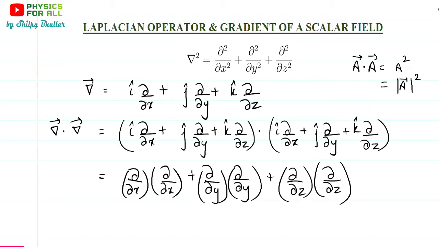Here also, since the del operator includes i cap, j cap and k cap, it acts like a vector as well. So if we take the dot product of this vector with itself, we get a scalar quantity.